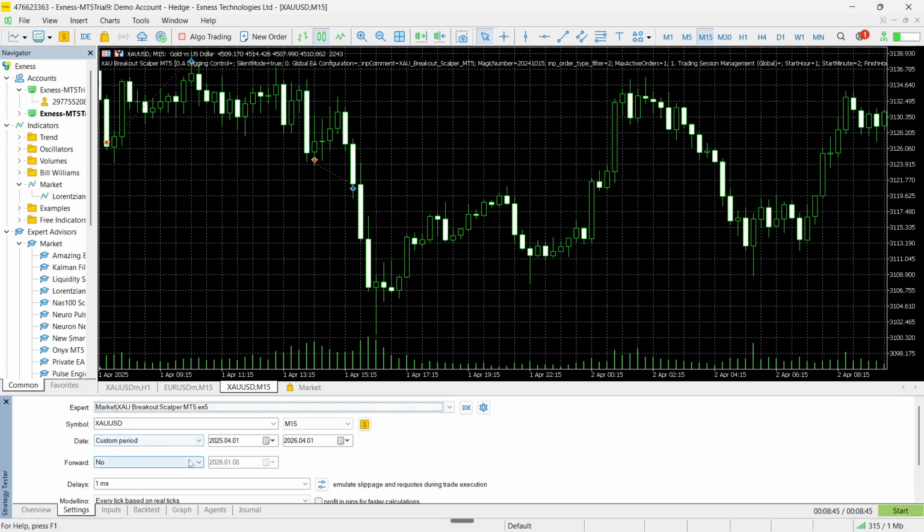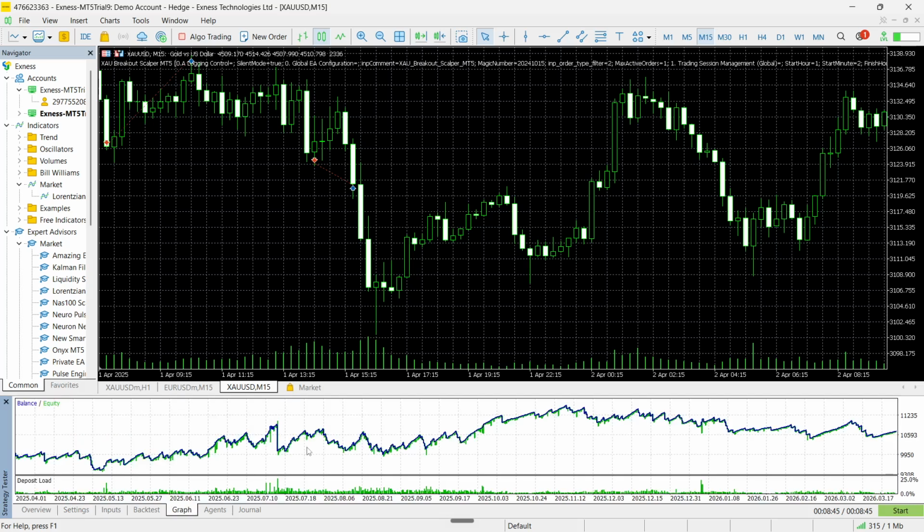So as you can see, I used the recommended XAU USD pair on the M15 time frame for a custom period of 1 year, ranging from the 1st of April 2025 to the 1st of April 2026. And looking at my backtest on a $10,000 initial deposit account, the equity curve is relatively flat, as you can see, with mild overall growth.